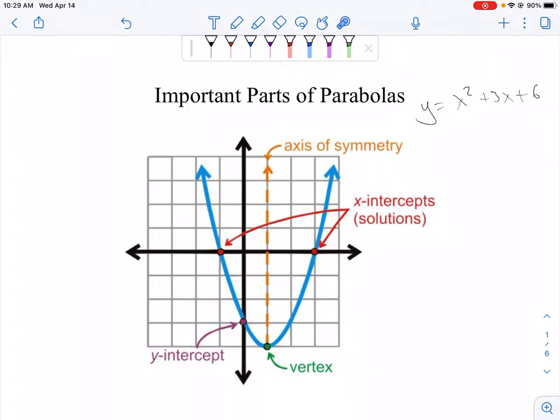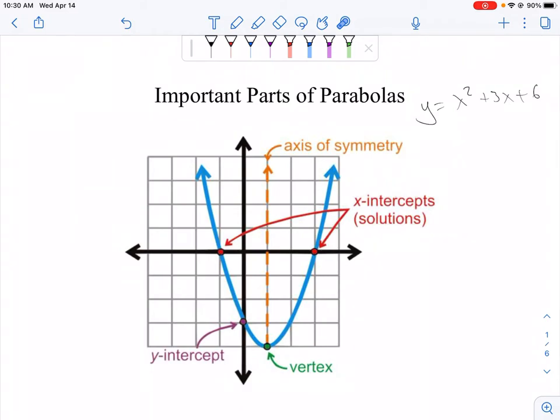It is possible to have it where it only crosses at one point, like right here, where it just hits the x-axis and then bounces off. And then it's also possible to have it where it doesn't touch the x-axis at all. We also have the y-intercept, which is where it crosses the y-axis, and that happens only at one point.